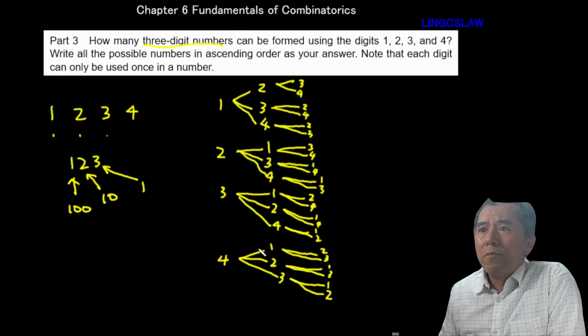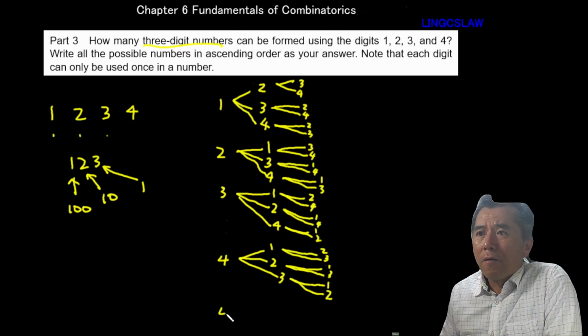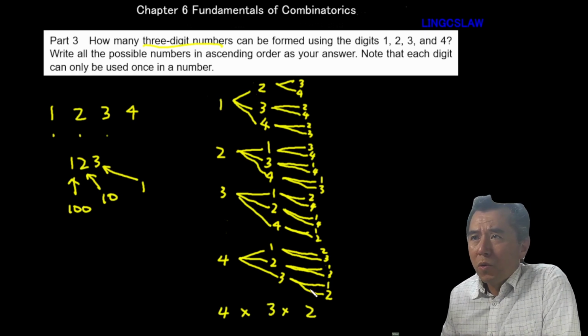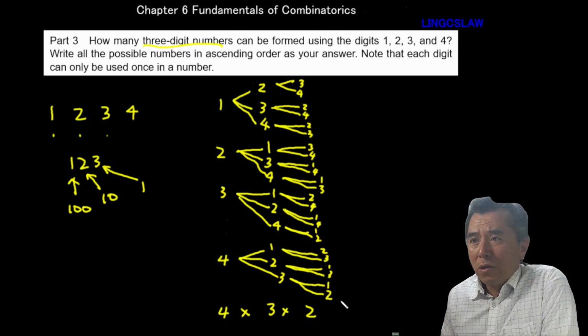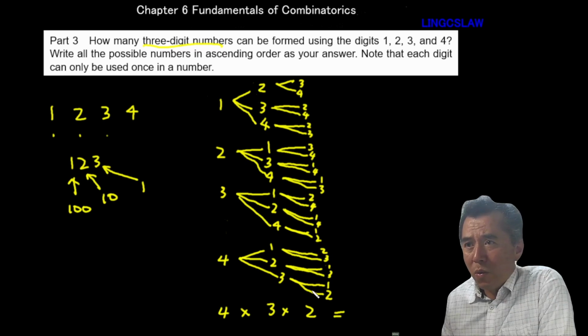So there are 4 times 3 times 2 ways of combination. So 4 times 3 times 2 equals 24. So there are 24 ways.